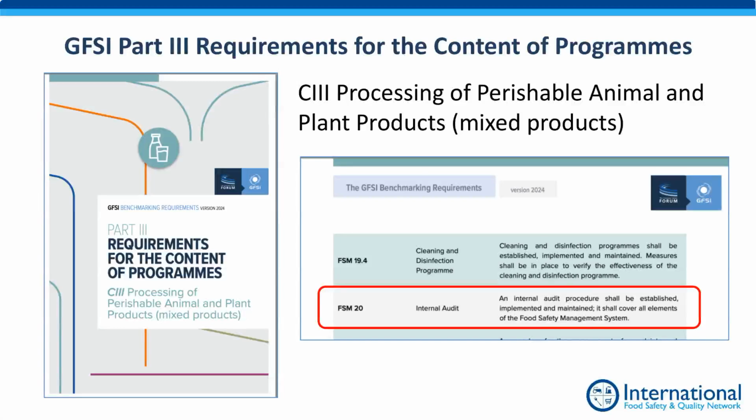Internal audits are regarded as crucial to establishing an effective food safety management system, and these are included in GFSI benchmark requirements and are a mandatory, fundamental, or knockout requirement in food safety management system certification schemes.